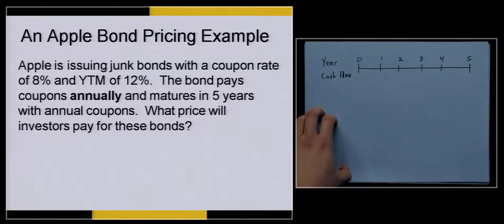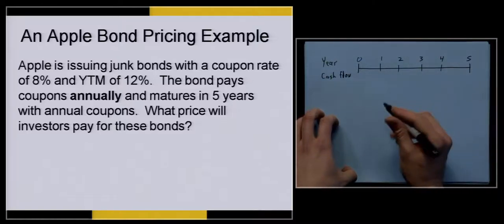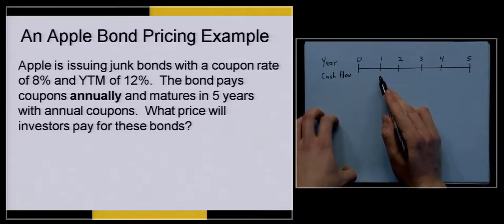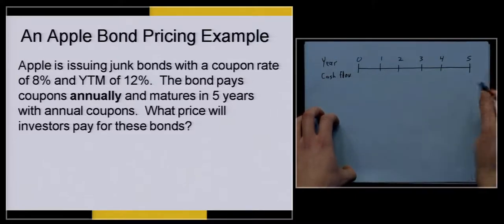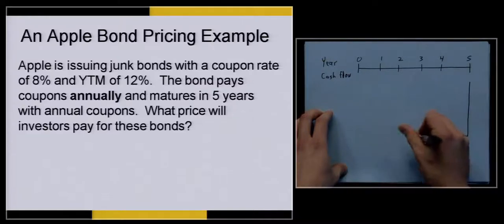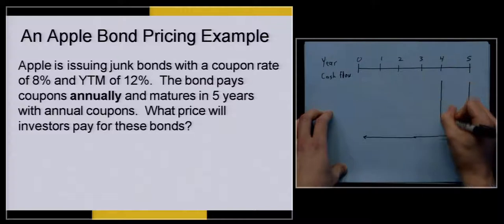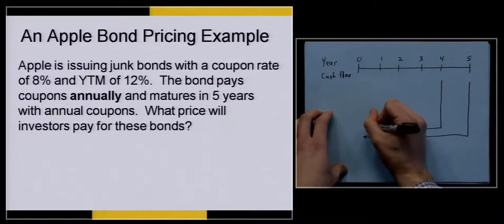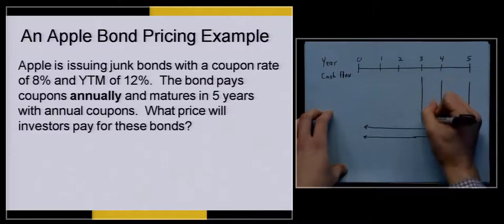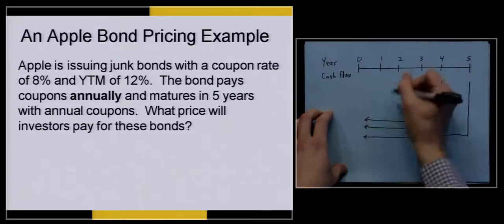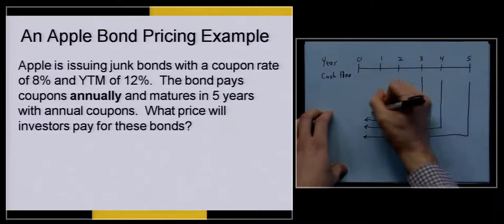Now, what we're going to do to price this bond is calculate the cash flow that you as an investor receive at each point in time, and then discount that cash flow back to the present. We're going to do that for each of these coupons and the face value of the bond.